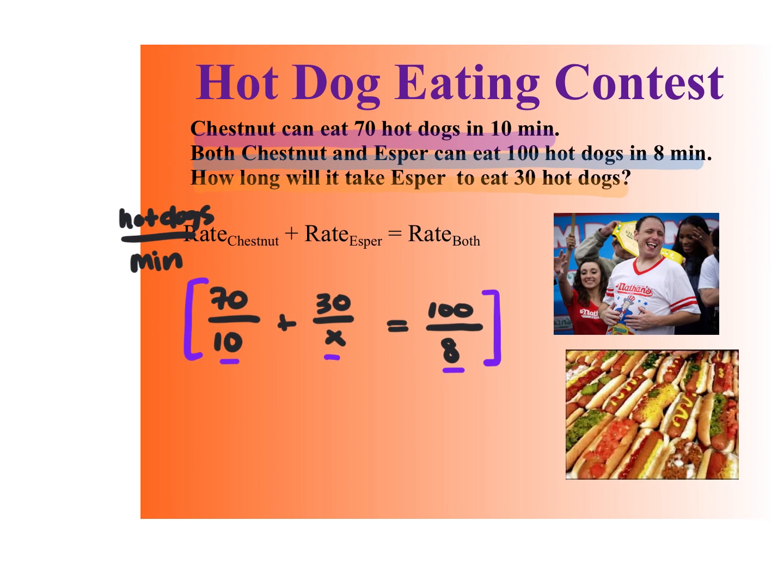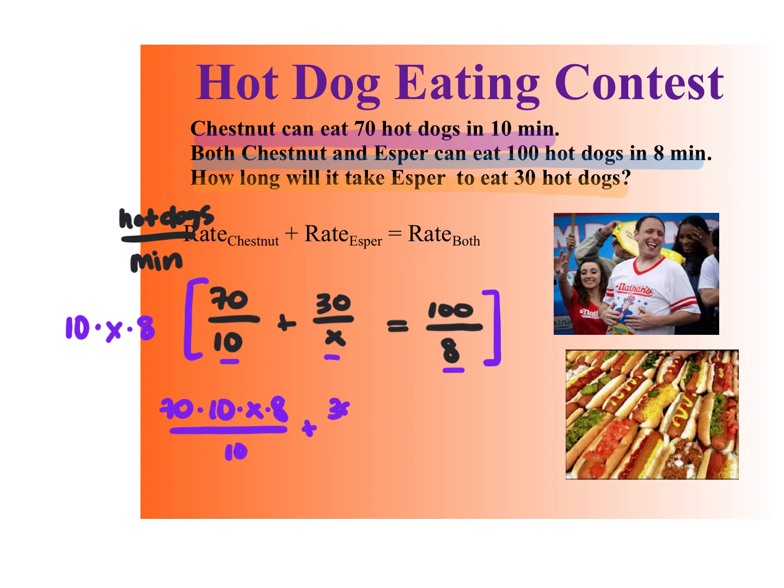So I'm going to keep this equation balanced by multiplying everything by the same values. I'm going to multiply them all by 10, by x, and by 8. And in doing that, we're going to effectively clear the fractions. In the first term, we'd have 70 times 10 times x times 8 all over 10.